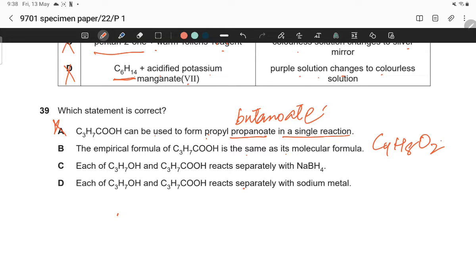So 2 ones are 2, 4s are 8, 2 twos are 4, so the empirical formula would be C2H4O. So this is also incorrect. Each of C3H7OH and C3H7COOH reacts separately with NaBH4.